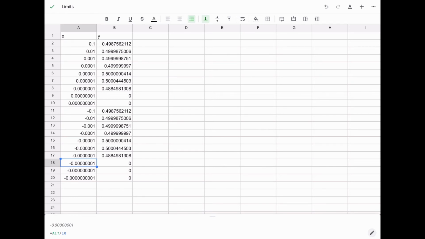So you have to be really careful about numerically exploring limits, because if you stopped plugging in numbers at 5 decimal places, which normally a human might decide is close enough, you would have missed out on how this limit actually misbehaves.